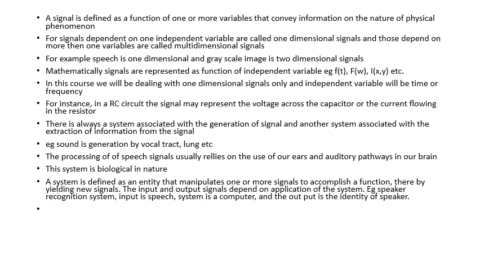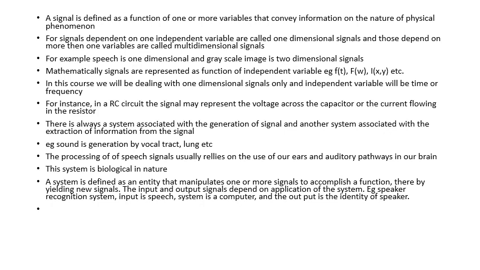There is always an associated system for the generation of the signal, and another system associated with the extraction of information from the signal. For example, sound is generated by the vocal tract, lungs, etc. The processing of speech signals usually relies on the use of the ears and auditory pathways in our brain. This system is biological in nature.